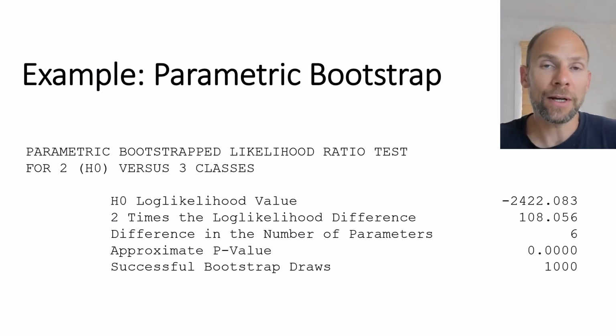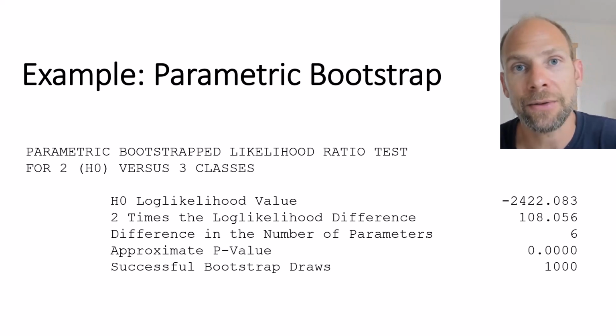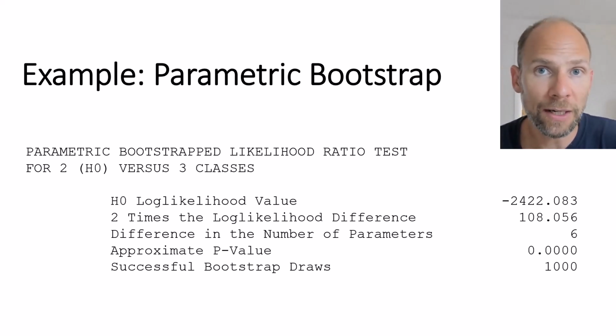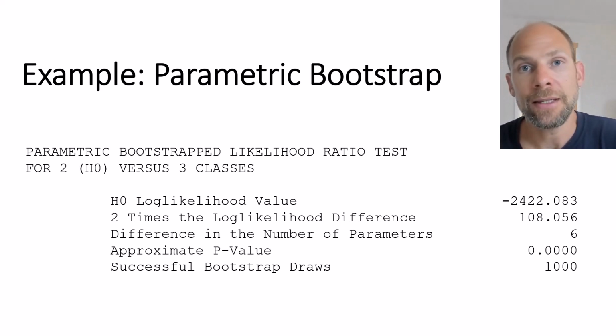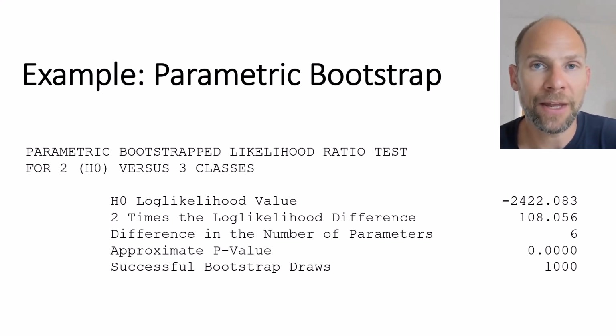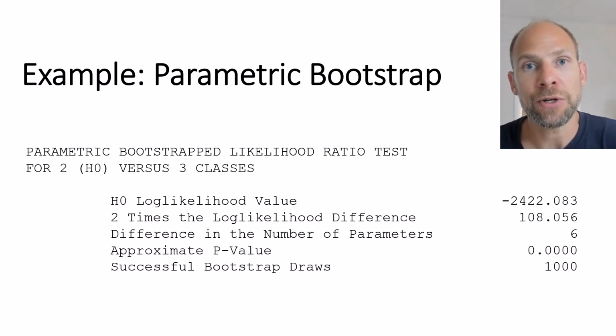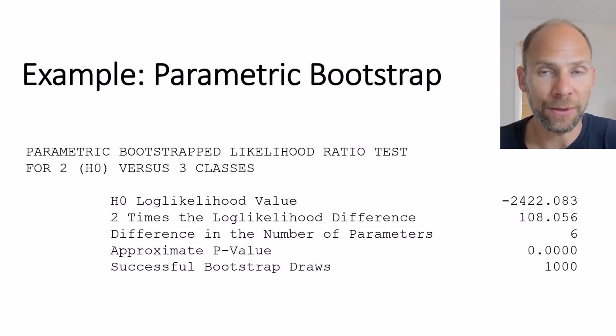Now with this criterion, you would go ahead and next test the 3-class model against the 4-class model, and then see if the 4-class model still fits significantly better than the 3-class model, and you would stop once you obtain a non-significant p-value for this parametric bootstrap test.